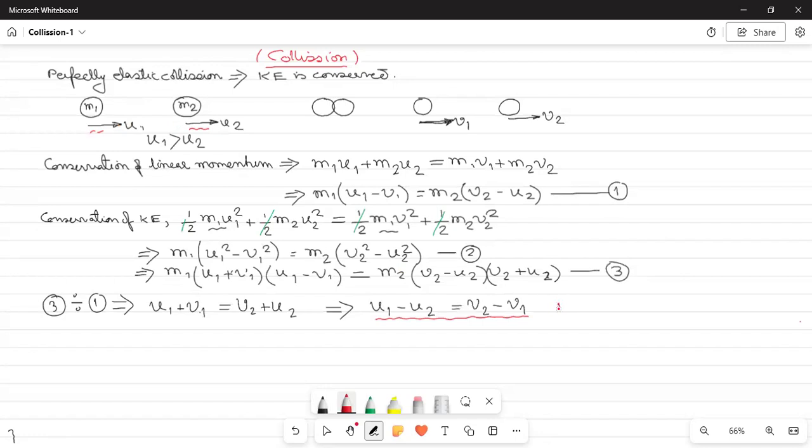That means relative velocity before collision is the left hand side. And what is the right hand side? v2 minus v1 is the difference of these two velocities, the relative velocity after collision.